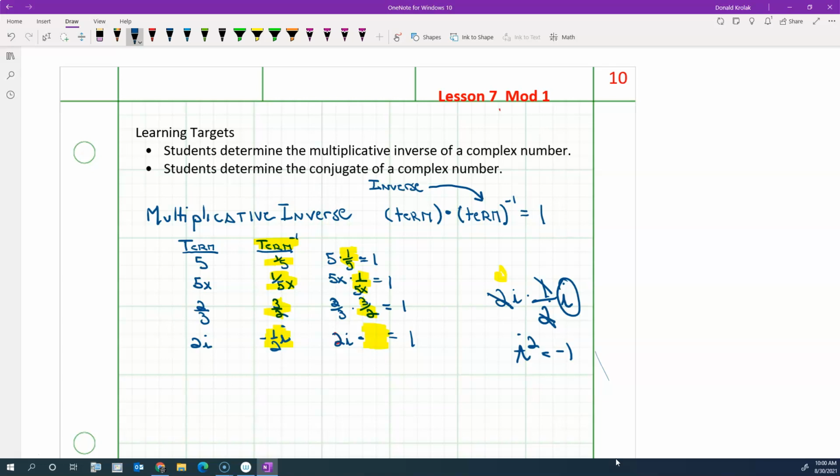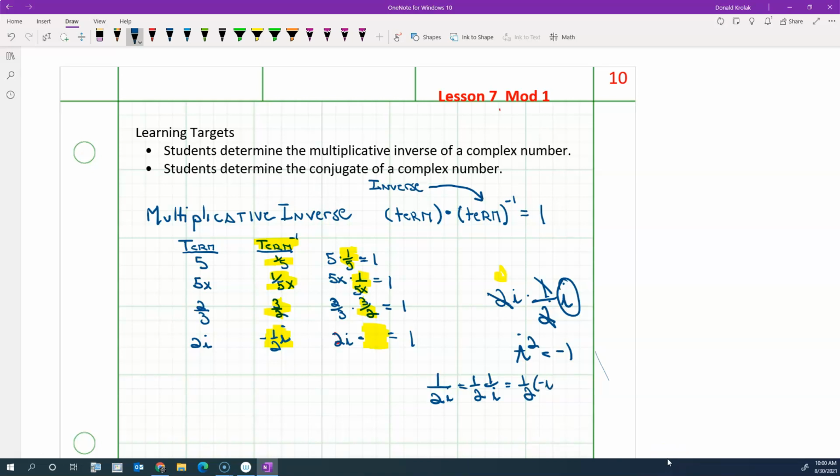Okay. So if this reciprocal right here, that's the same as 1 over 2 times 1 over i. Okay, which is 1/2.